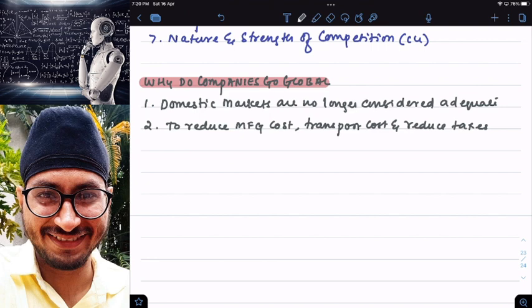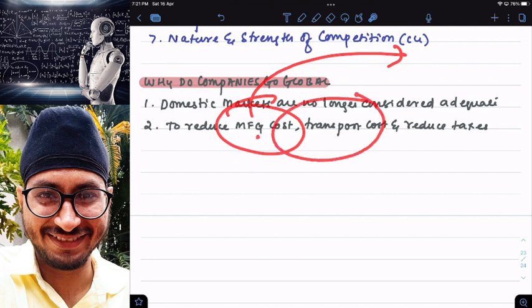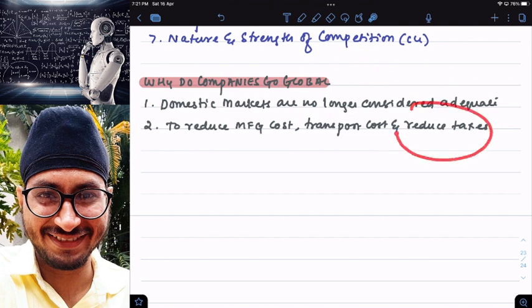I go to China and manufacture. But if I am manufacturing goods in China and bringing them to India, transportation cost is increasing. So I will directly manufacture in India only. Plus, I will manufacture in that country where tax rates are very low. So if I want to reduce manufacturing cost, go to other countries. I want to reduce transportation cost, globalize. And I also want to reduce my taxes, globalize your business. There is no other option available, right?